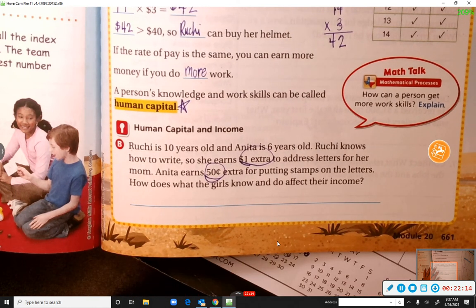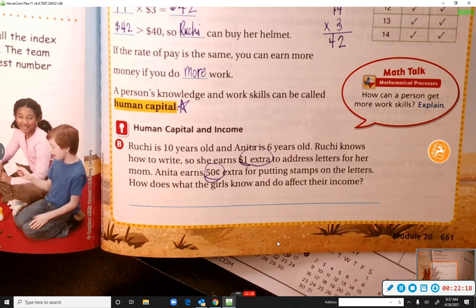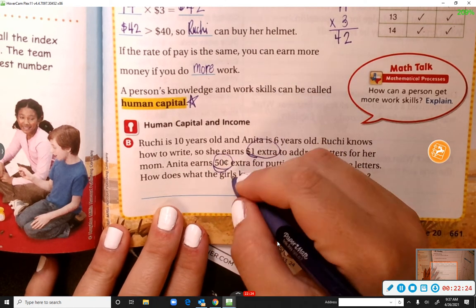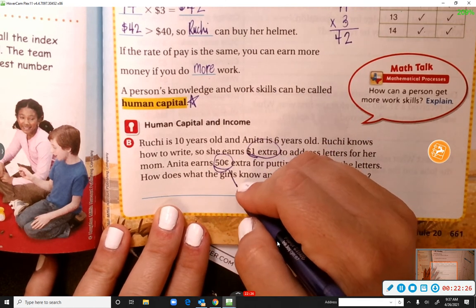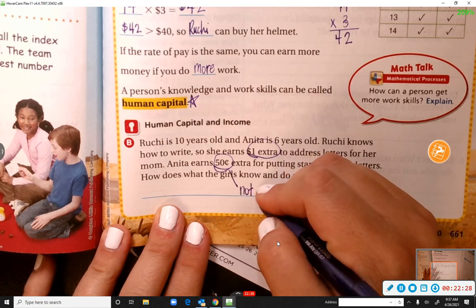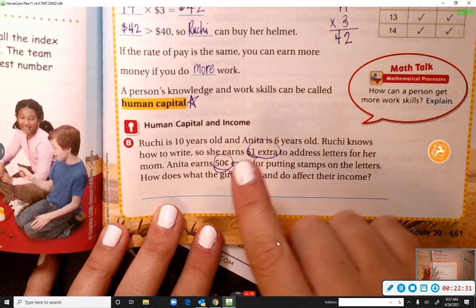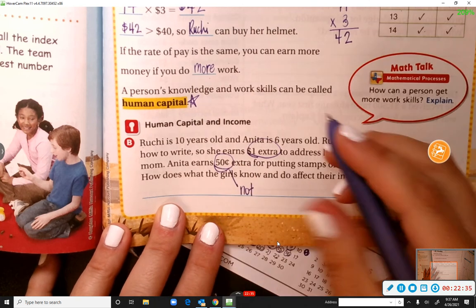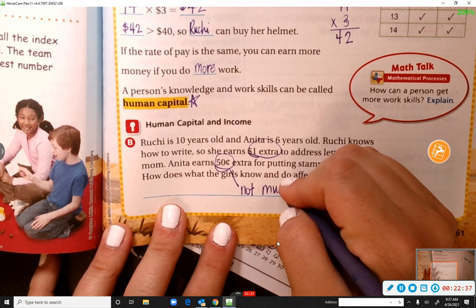Allie? Because Anita only has to put the stickers on it, and then she has to write all of it down and put it in the envelope, and she's doing more work. Good. Does it take much knowledge or skill to put a stamp on a letter? Okay, so not much skill involved.